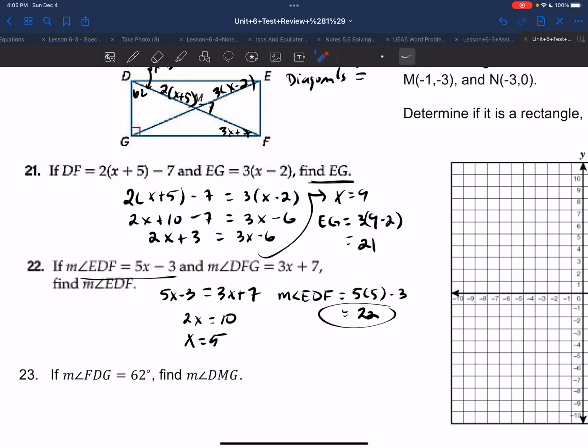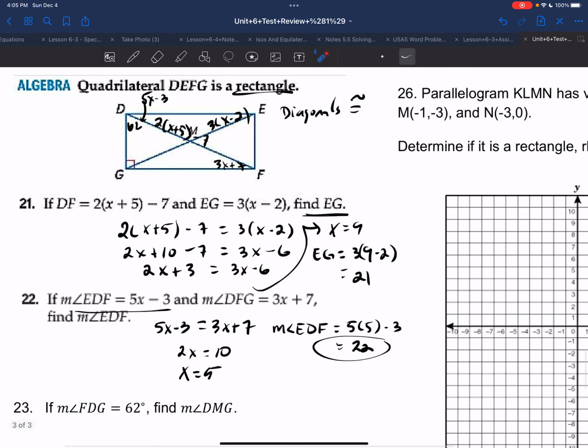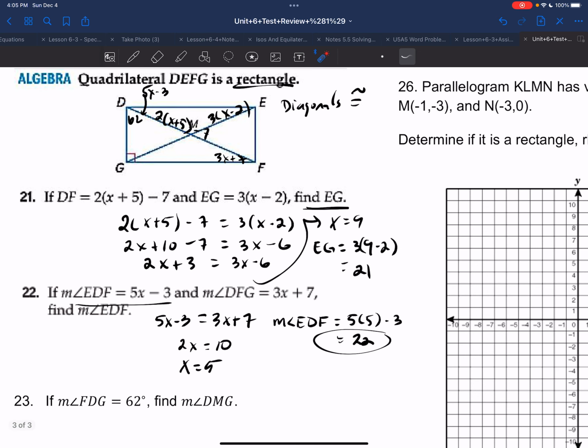So one thing that you have to know, now I need to go ahead and erase everything so it makes a lot of sense. So I'm erasing everything here. FDG again is 62, and I'm trying to find what DMG is.